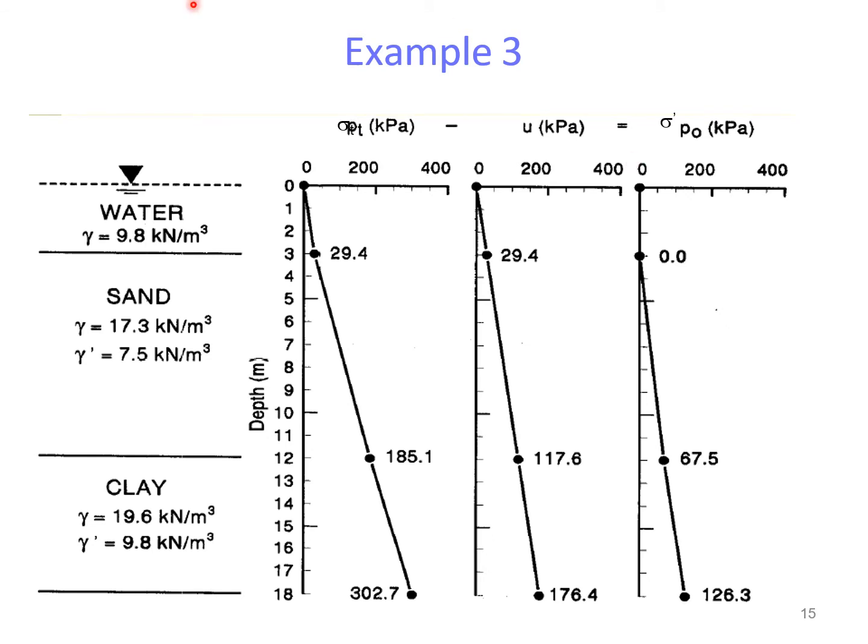Similarly, you can see example number 3. This is the profile, and again you can see the total stress distribution along the depth. This is the pore water pressure distribution, and this is the effective stress diagram for this particular case.